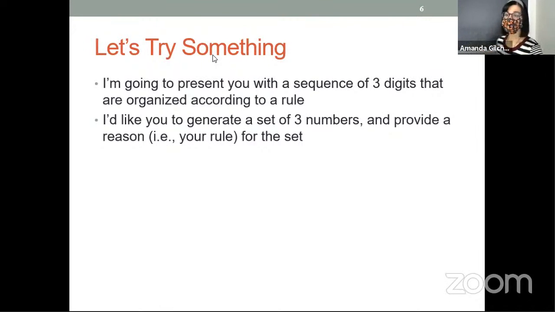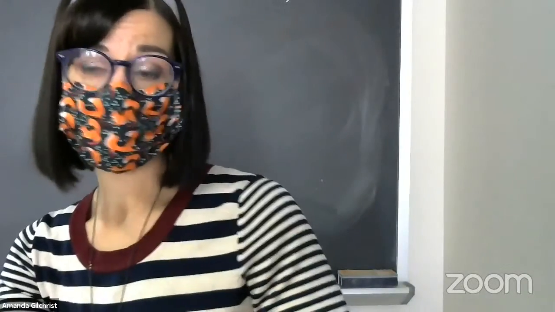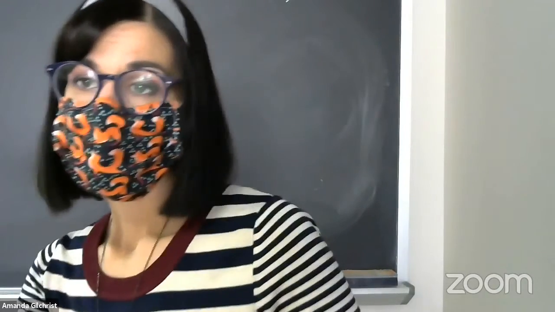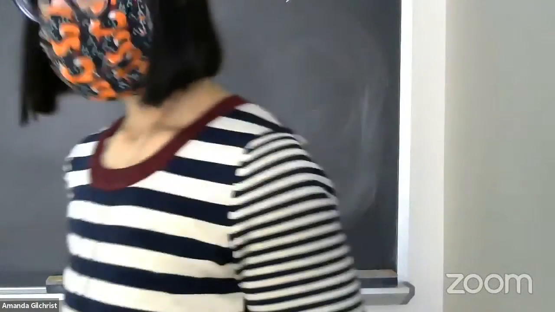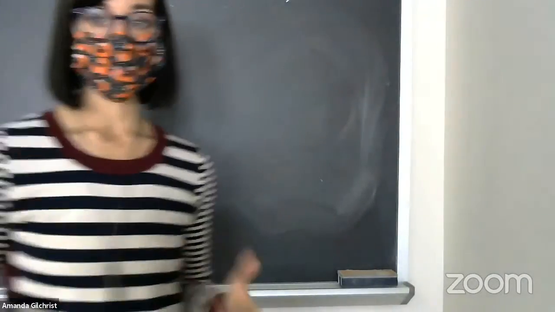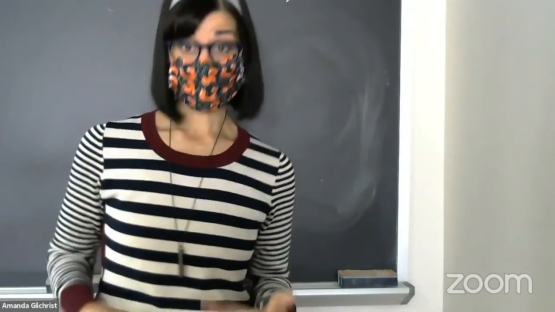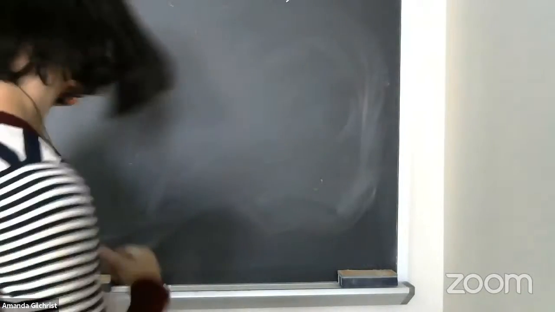So I'm going to go ahead and write this on the board. I'm going to stop sharing the screen, and I will pull up the chat so that we can see. Here is my sequence, and this sequence is based on a rule that only I know. So you need to figure out what the rule is based on different sequences of digits.